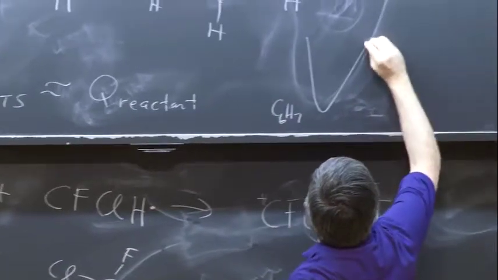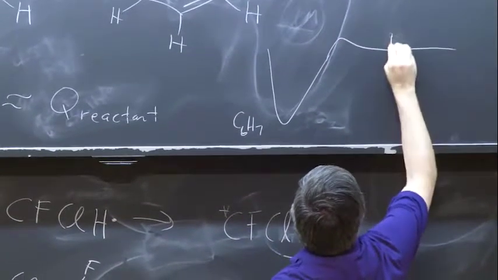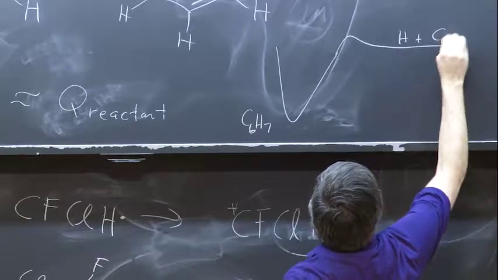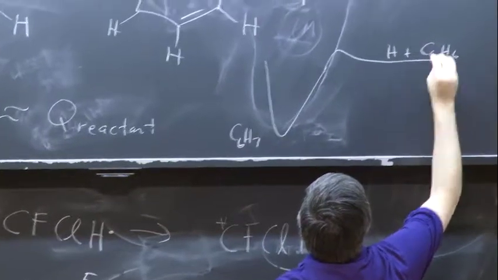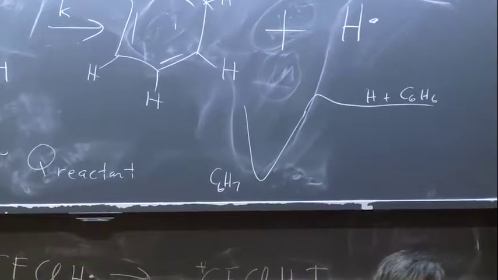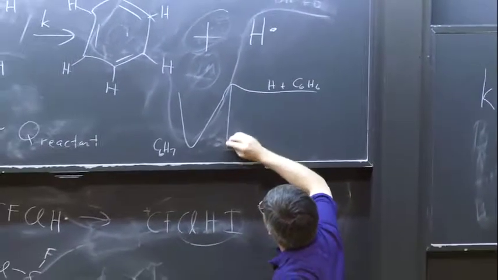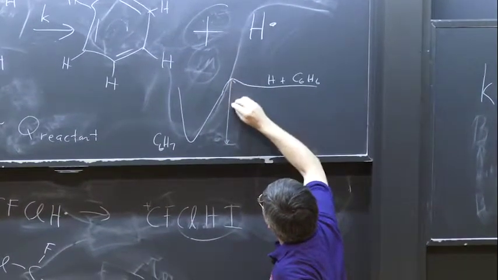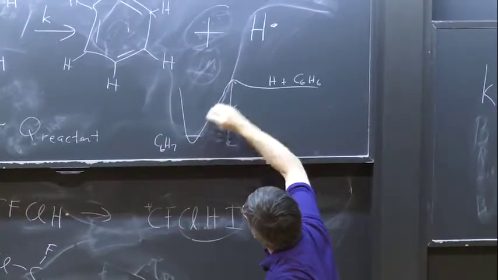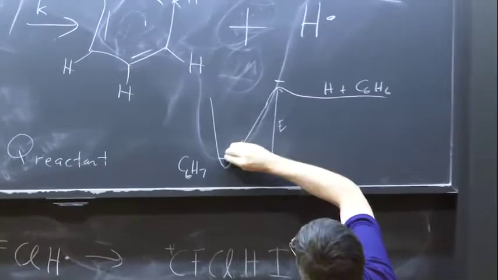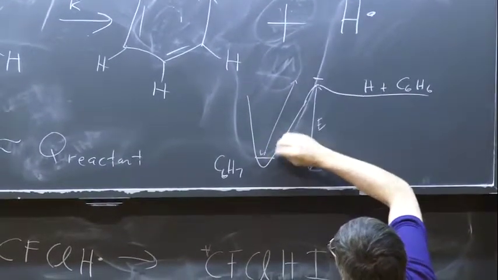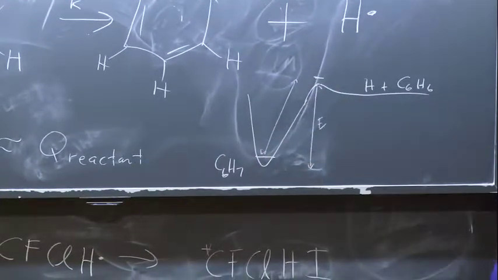And then it's going up, and there's a barrier, and there's H plus benzene. Right? So there's a barrier here. That's what we really want to know. This is E. And actually, what we want to know is the difference in the zero-point energies, right? So it's a little bit different, but about the same, between these two.